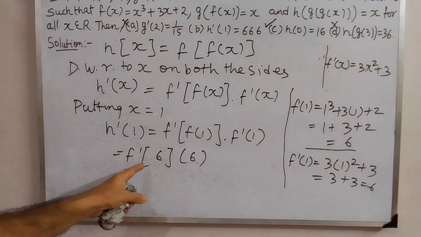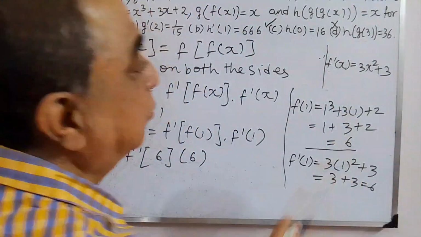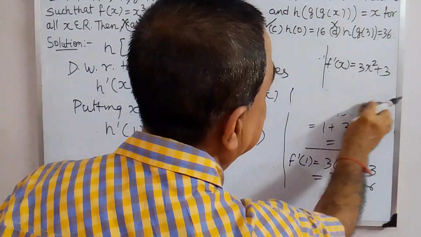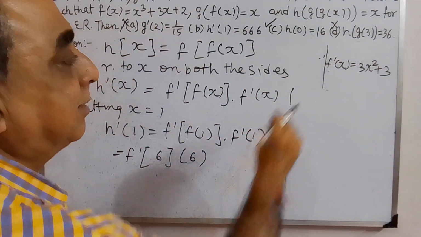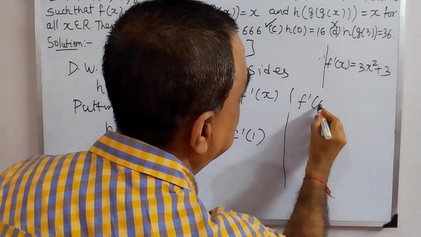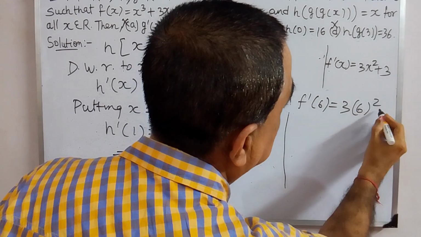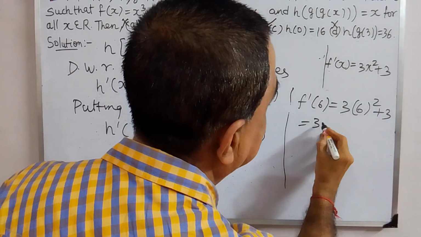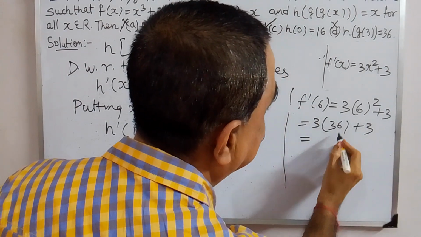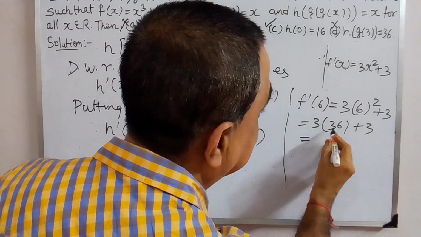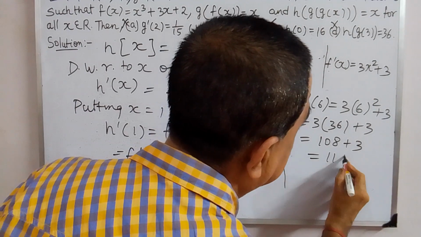Now again I have to find the value of f dash 6. So f dash 6 means what? Here you put the x value 6 in this expression. So f dash 6 will become 3 into 6 whole squared plus 3. 6 squared is 36, so 3 times 36: 3 sixes are 18, carry 1, 3 threes are 9 and 1 is 10, so 108, plus 3, that is 111.